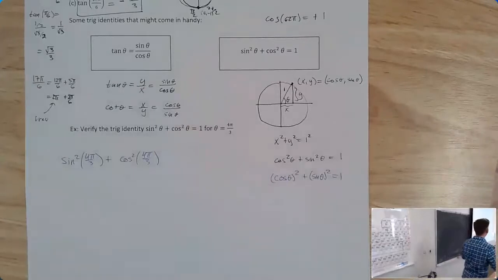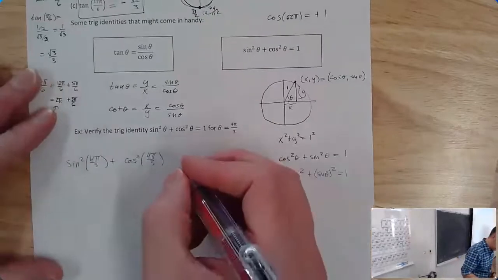So when you're asked to verify an identity, it's usually good to start with one of the two sides and work on that side until it ends up equaling the other side. Or alternatively, you might work on both sides independently and eventually get to a point where they both equal the same thing. But if I just write it's equal to 1 right now, I'm kind of defeating the purpose because I'm saying it's equal to the thing that I'm trying to show that it's equal to. It's not a huge deal, but it's a big enough deal that I should mention it.